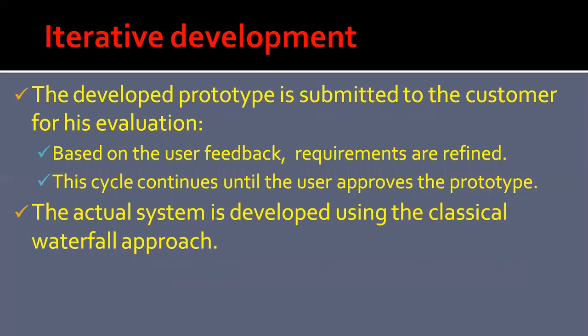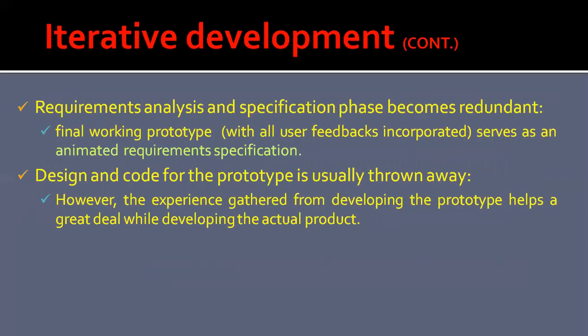However, for GUI parts, the requirement analysis and specification parts become redundant, since the working prototype approved by the customer serves as an animated requirement specification. The code for the prototype is usually thrown away. However, the experience gathered from developing the prototype helps a great deal in developing the actual system.